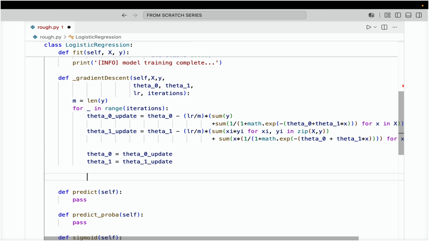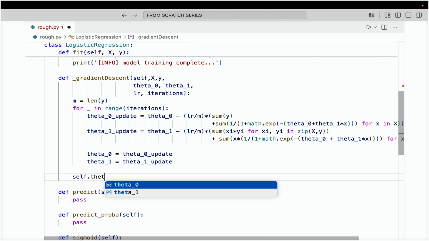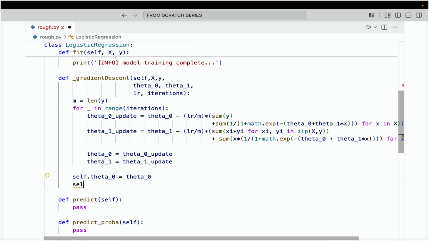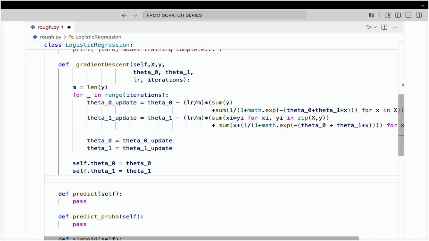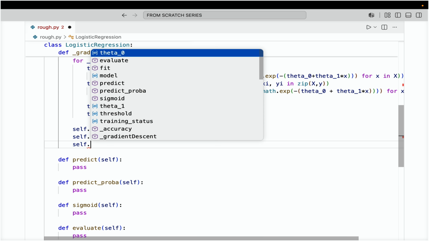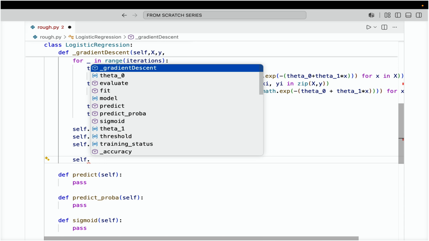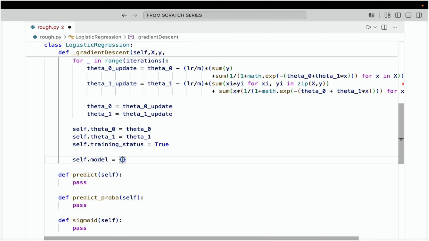And yeah, so for a set number of iterations it will run. At this point the training is done, so the training status will be set to true, and we'll get into this.